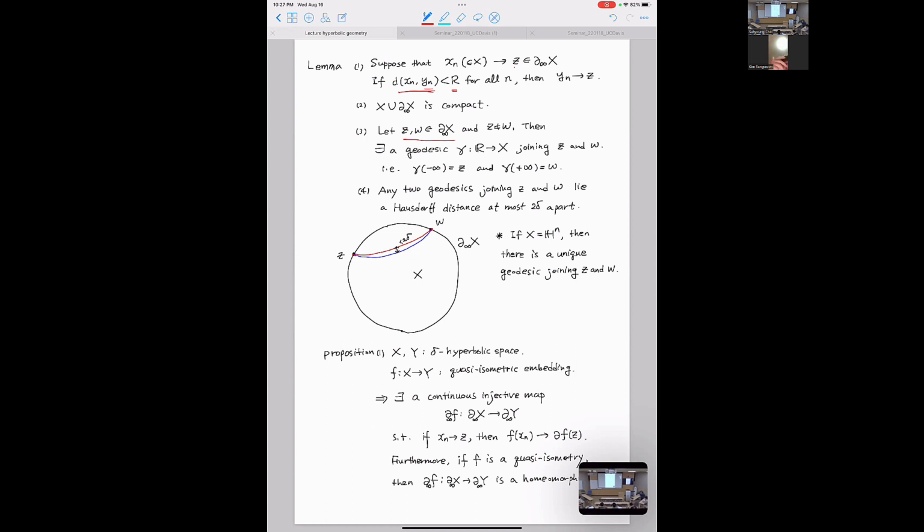Even though there is another geodesic joining them, the Hausdorff distance is uniformly bounded by two delta. Okay. In H^n, actually, there is a unique geodesic joining two ideal points.